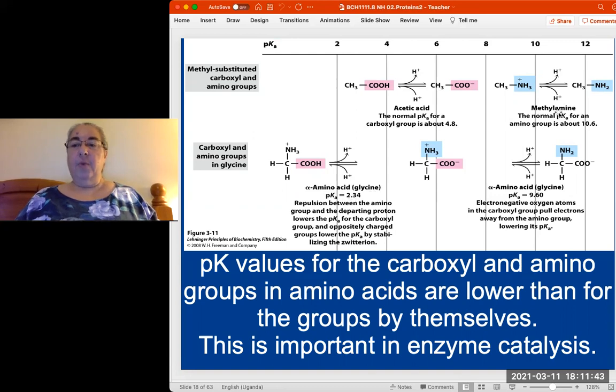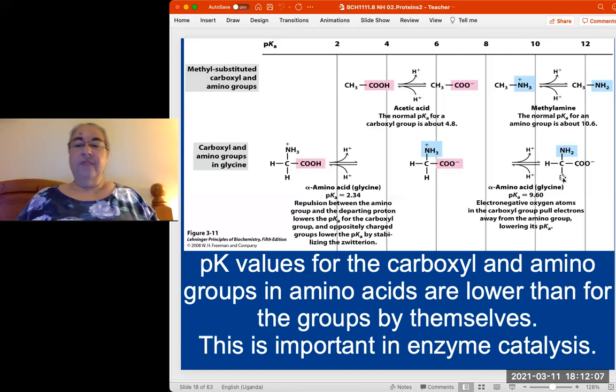And in a similar way for the amino group, here methylamine, the amine group loses its proton at a pK value of about 10.6, and within the amino acid as a whole it's about 9.6.